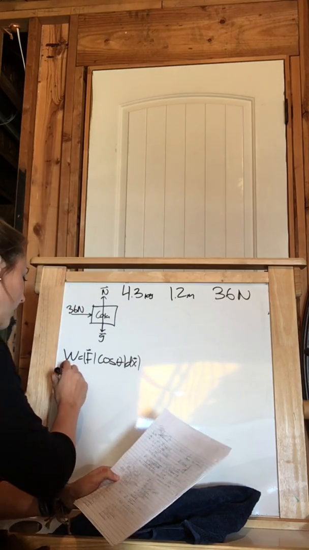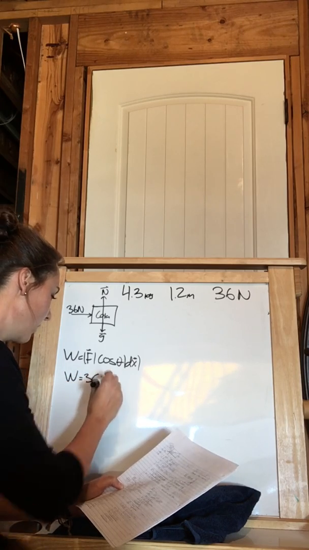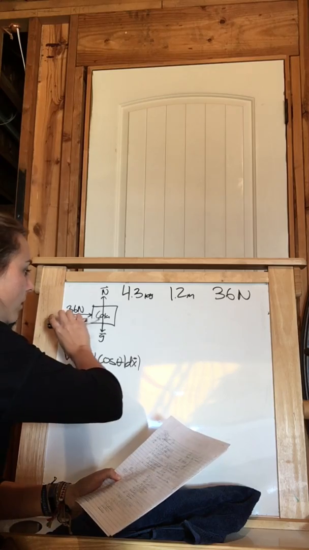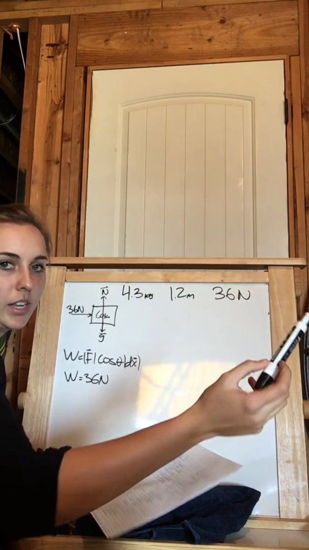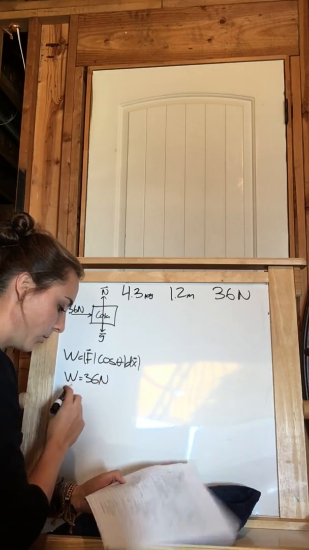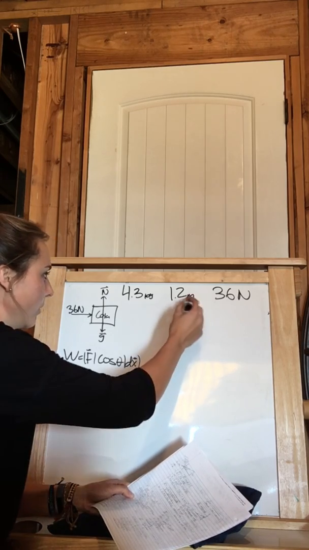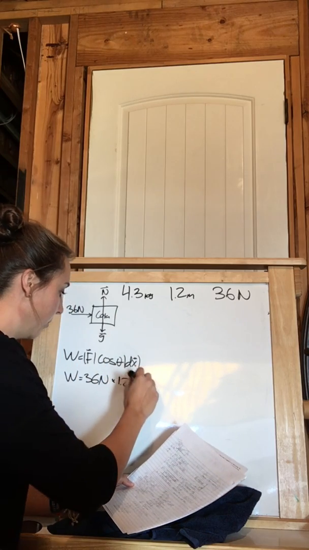So our work is going to equal the force, which is just the 36 newtons on this one, times the cosine of theta, which, since the box is moving this way and the force is this way, is going to be the cosine of 0, which is 1. So 36 times the 1.2, the displacement, equals 43.2.